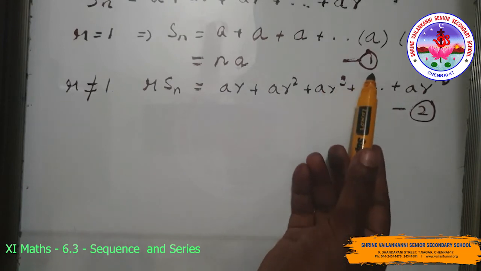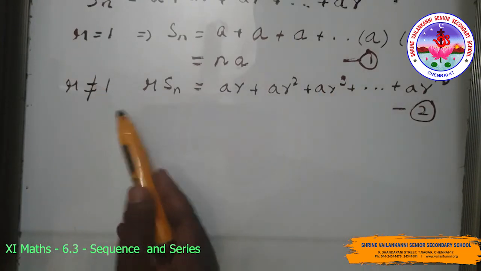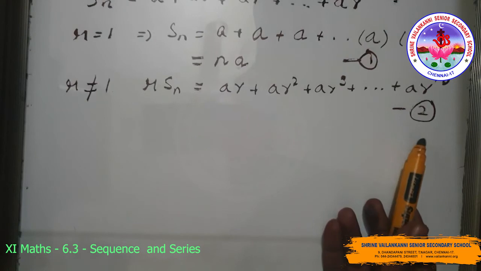Let's take the first as equation 1, and when R is not equal to 1, we take this as equation 2.